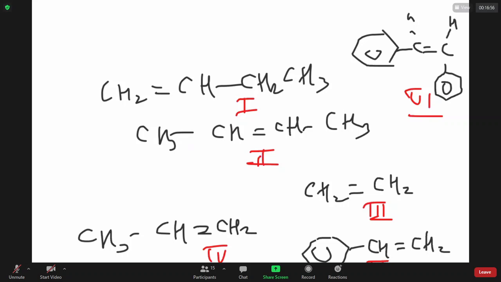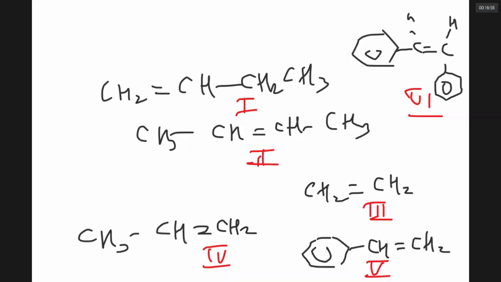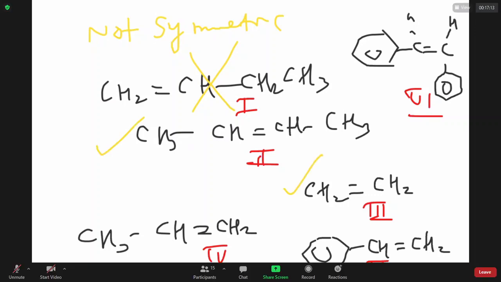Not 4, sir. 1 is not a symmetric alkene. 2, 3, and 6 are symmetric. So 2 is symmetric, yes. 3 is symmetric. 6 is symmetric. Yes or no?